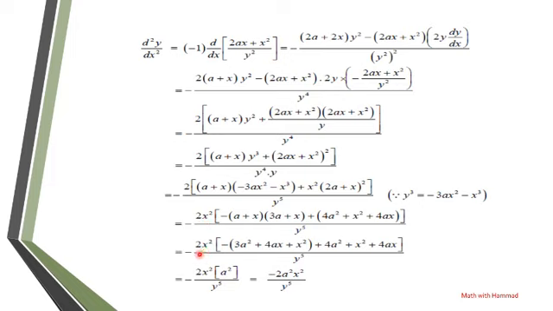So minus 2x square minus, open this term, we get 3a square plus 4ax plus x square plus 4a square plus x square plus 4ax. When we open the brackets and after cancellation, we get minus 2x square into a square over y5. This can be written as minus 2a square x square over y5.